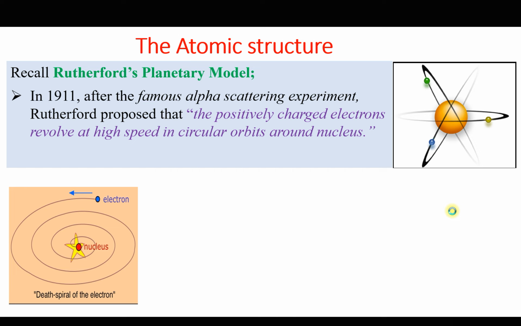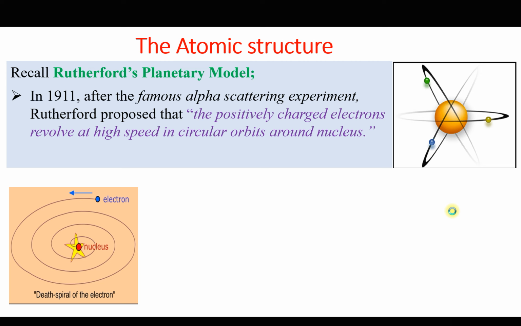Of course, this was after the failure of J.J. Thomson's model of the atom, and the nuclear model was considered to be better than J.J. Thomson's plum pudding model of the atom.